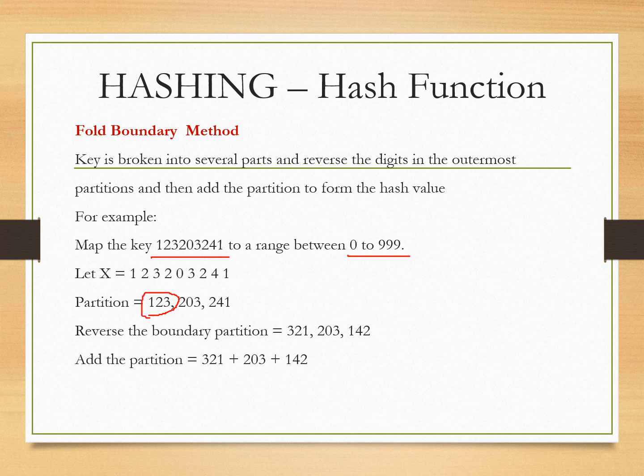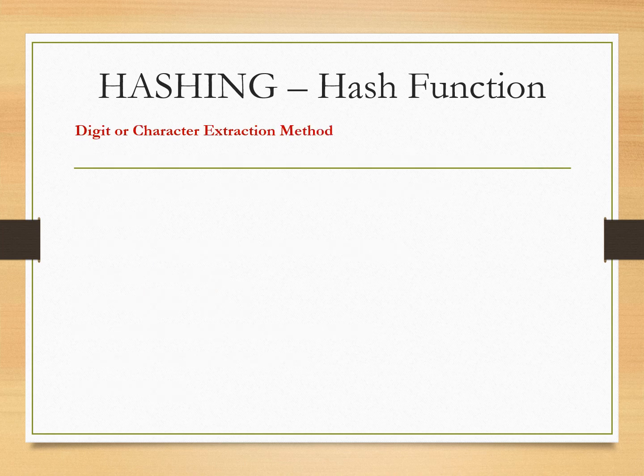Outer means first and last. So I am reversing these two only. So 123 becomes 321, 203 remains the same, here 142, and then I am adding. After adding I will get 666. That serves as the index for my hash table. So this is the folding method.